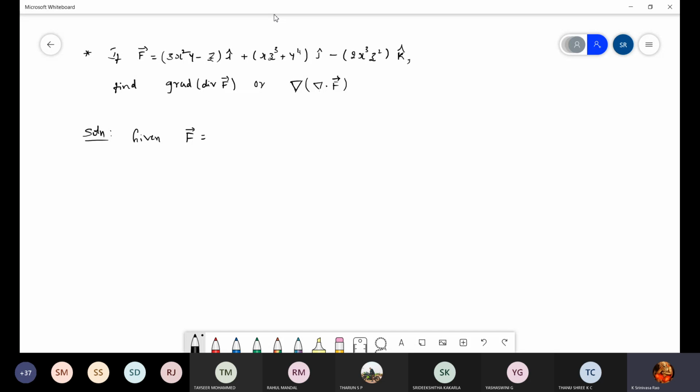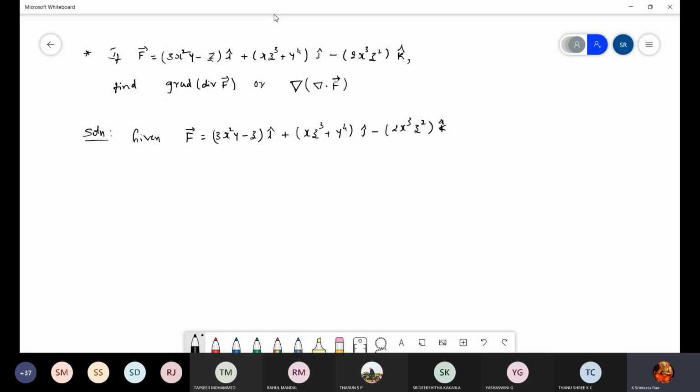f equals 3x square y minus z i cap plus xz cube plus y power 4 j cap minus 2x cube z square k cap.